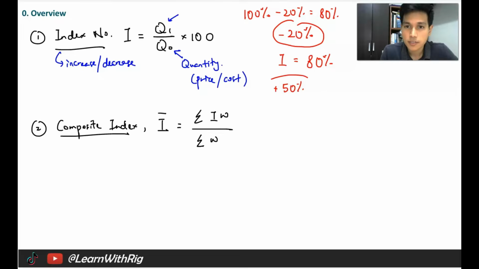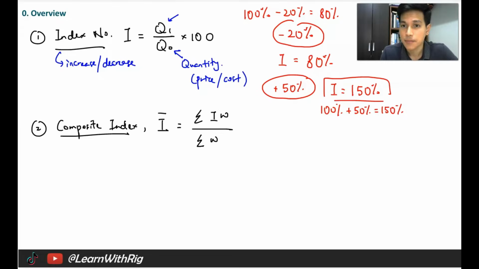Now if it increased by 50%, what is your index number? So your index number is going to be 150, because the initial is 100% and then it increased by 50%, so it's equal to 150. So this is your index number. Of course you don't write the percentage, but the index form is 80 or 150, depending on whether it increases or decreases. So that is what index number is about.